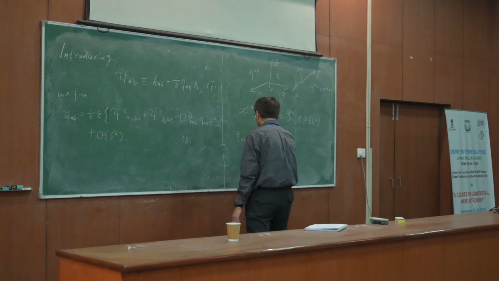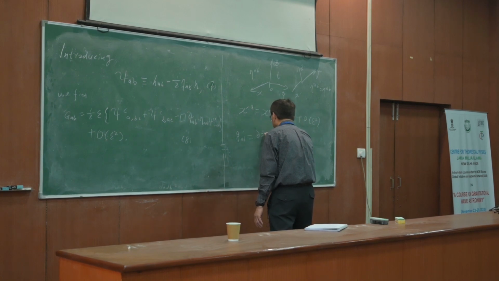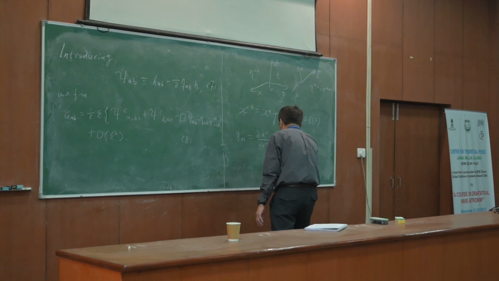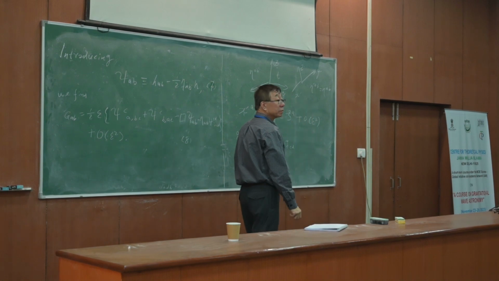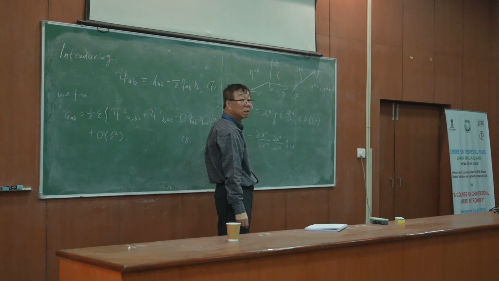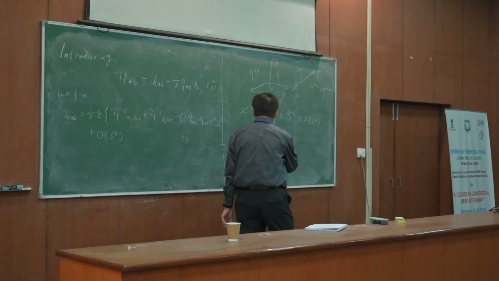G AB prime will give me dX C, dX prime A, dX D, dX prime B, G CD, right? This is because this is a tangent, I use the coordinate transformation.